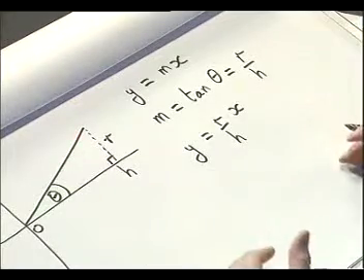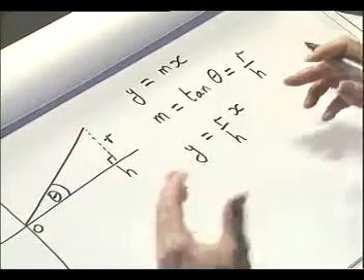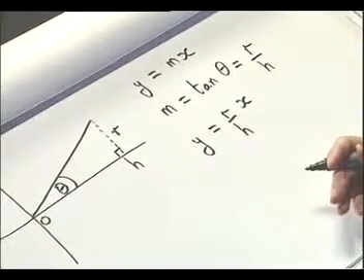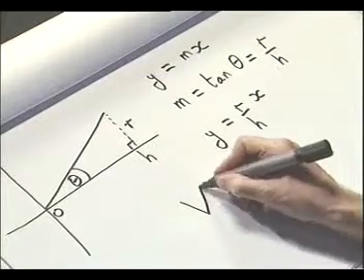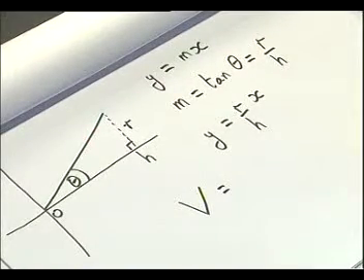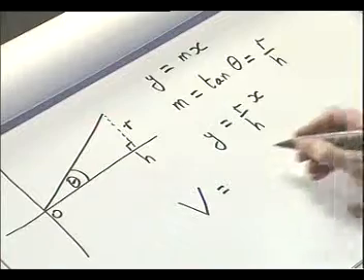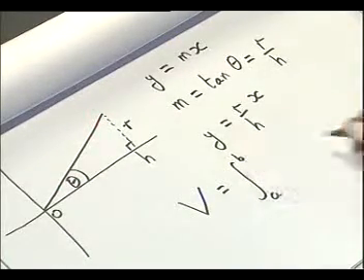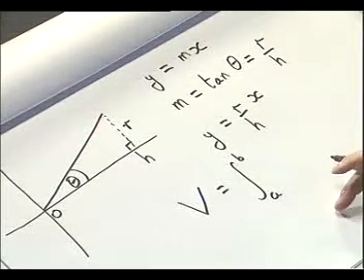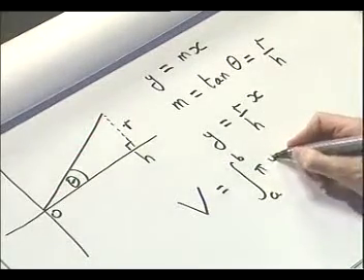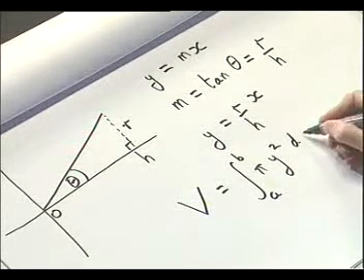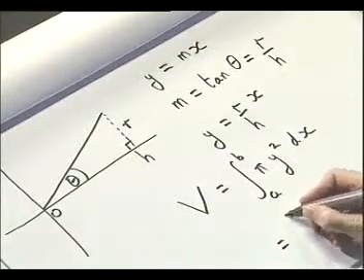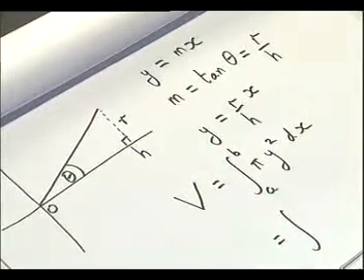So now we've established the equation of the line, we're now in a position to be able to rotate it about the x-axis. So let's again write down our formula for the volume of the cone that we're going to get. V equals the integral from a to b, those are our x values, remember, of pi y squared dx.